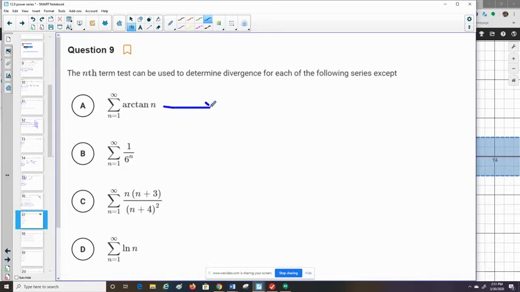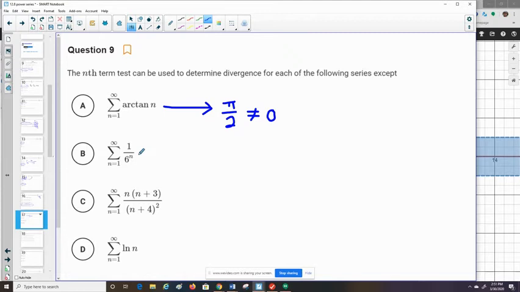Inverse tangent, you might have to brush up on unit circle trigonometry and look at if n is going to infinity, the inverse tangent of n is approaching pi over 2, which is not equal to 0. So we could apply that nth term test to option A to say that that is a divergent series.